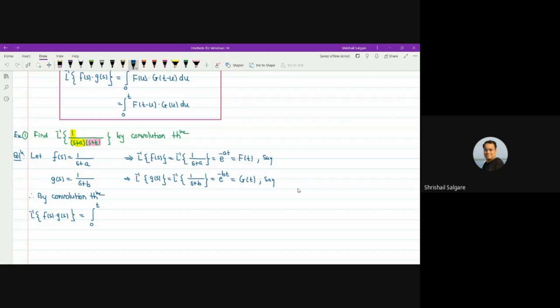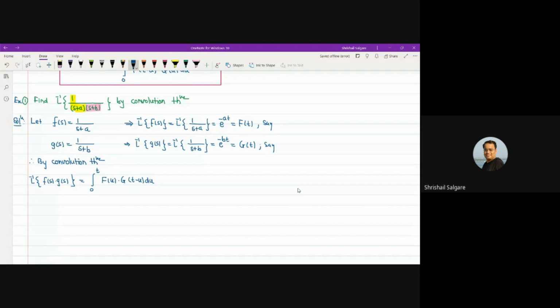Suppose I'm using first: f of u into g of t minus u du. That means L inverse of the product of s plus a and s plus b is, on the right side, integral 0 to t.